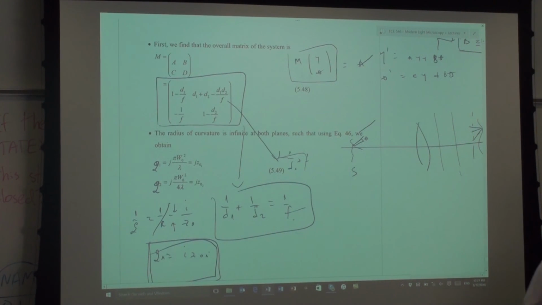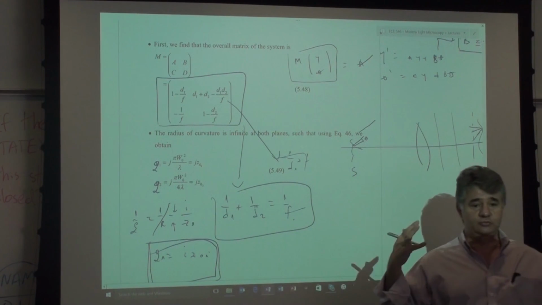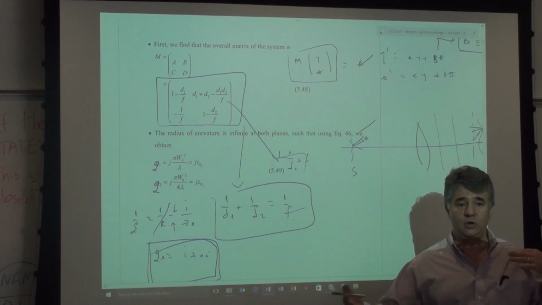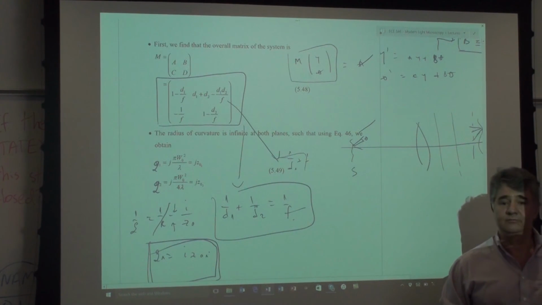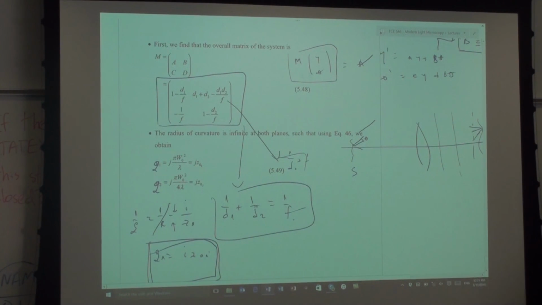And the beautiful thing is, at the end, the ABCD matrix for the combination connects Q1 to Q2. Basically the Q, these complex beam parameters, wrap in both parameters of the beam. That's why it's complex, to have two variables, the radius and the waist. Okay? So that's it.